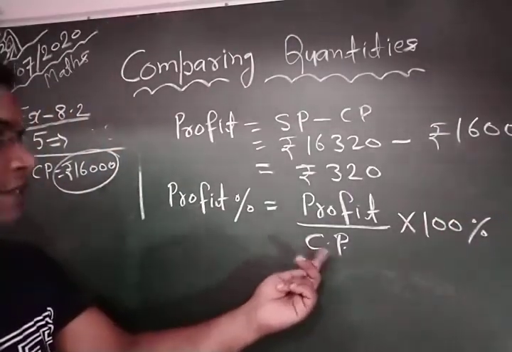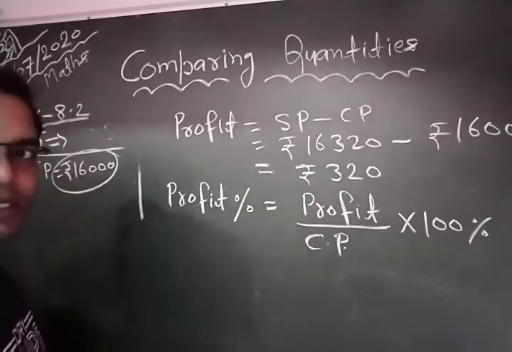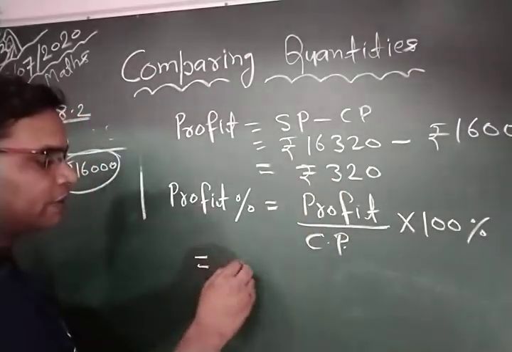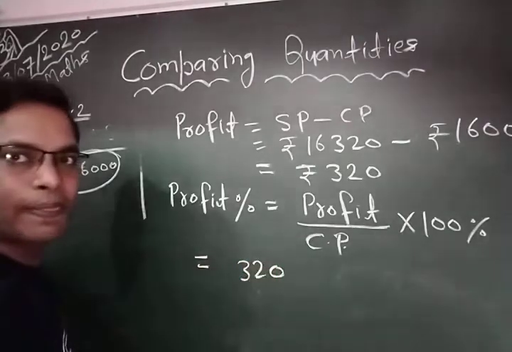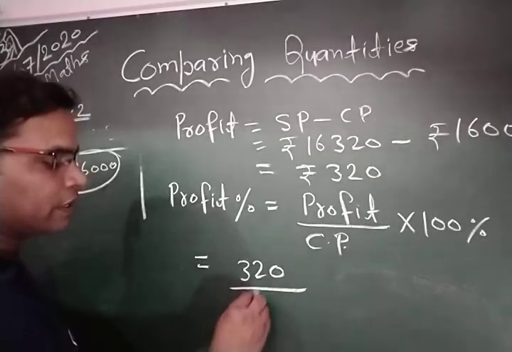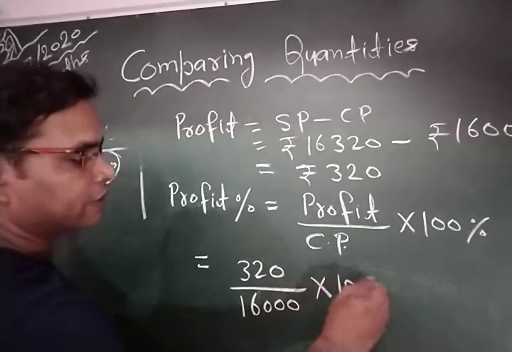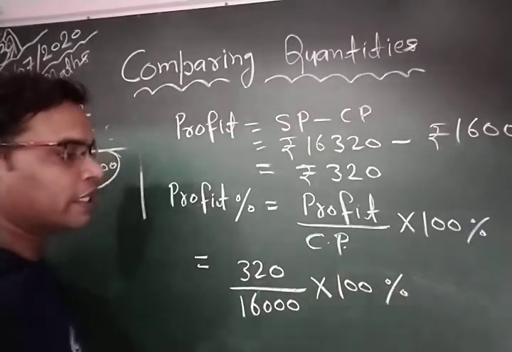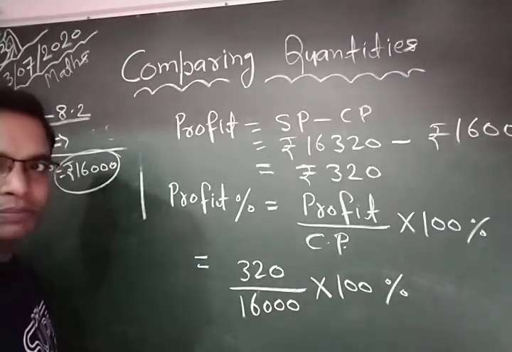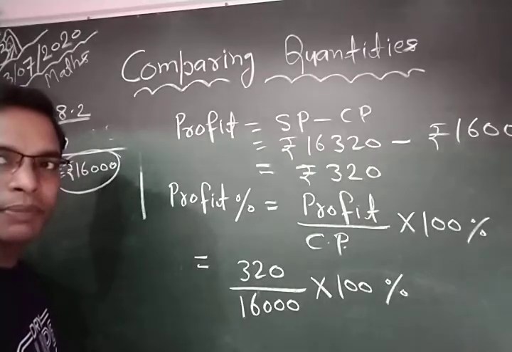CP means cost price. So what is the cost price of both articles? 16,000 rupees. And the profit is 320, into 100%. In these questions we find the profit or loss percentage. In the whole transaction we obtain profit, so we find the profit percentage.